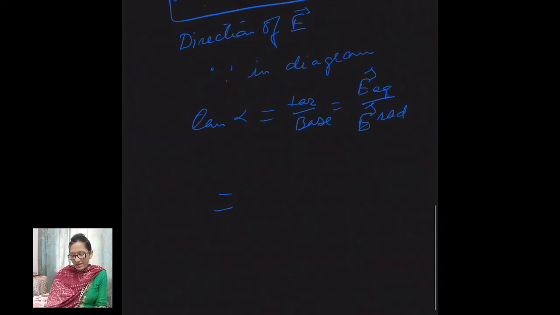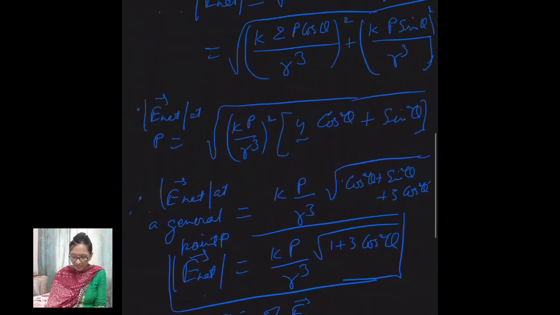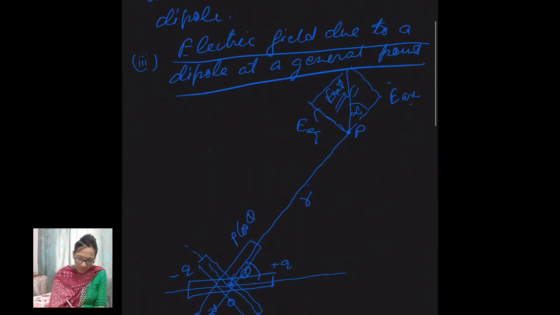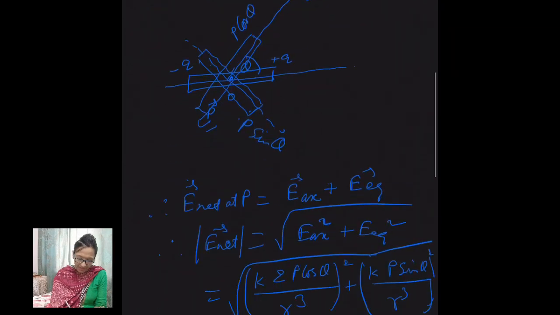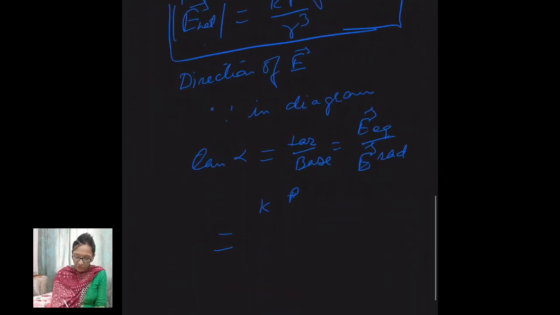For the vector we need to know only two things: magnitude of the vector and direction of the vector. So firstly we will find magnitude. Therefore E net, modulus of it, is equal to under root E axial square plus E equatorial square.